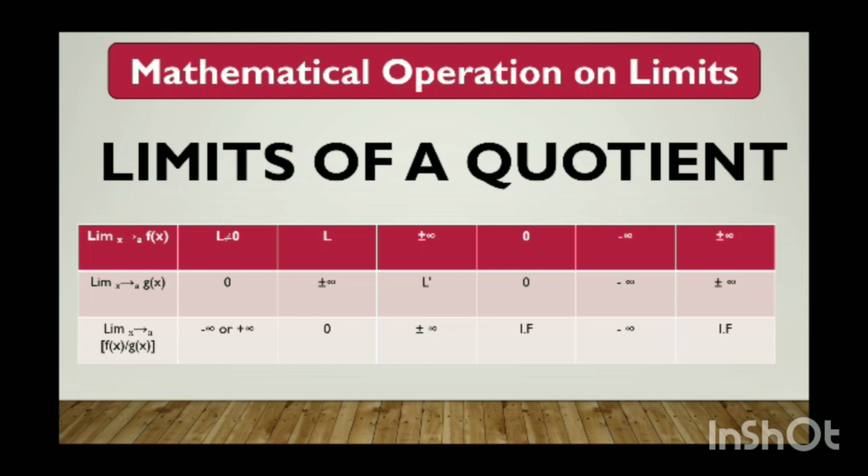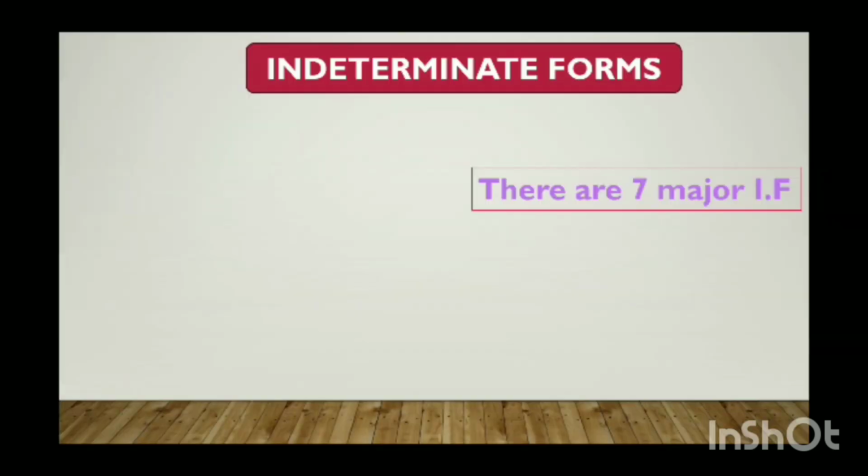So now it will only depend on the sign of that large number, meaning the sign of the infinity, be it positive infinity or negative infinity. Now we are done with mathematical operations on limits, and now we are going to move ahead.